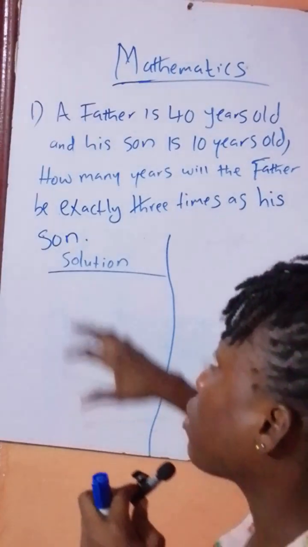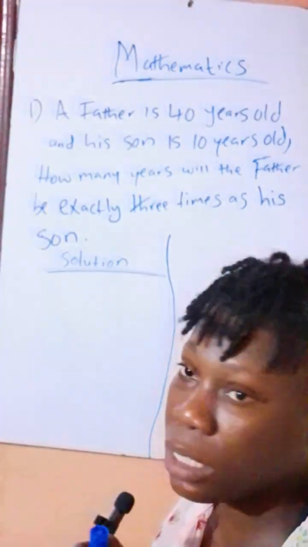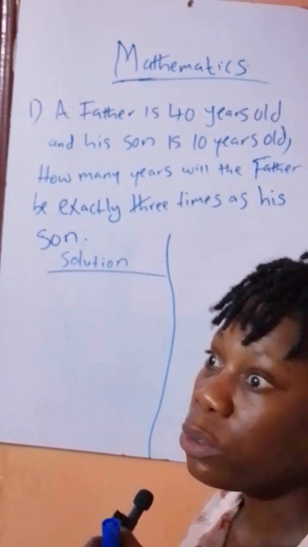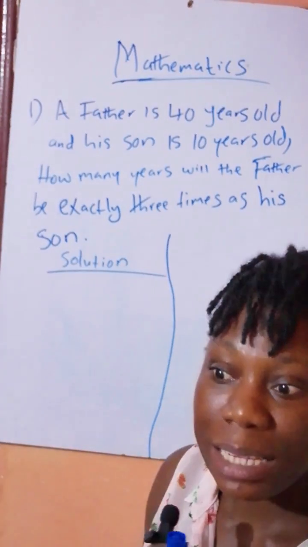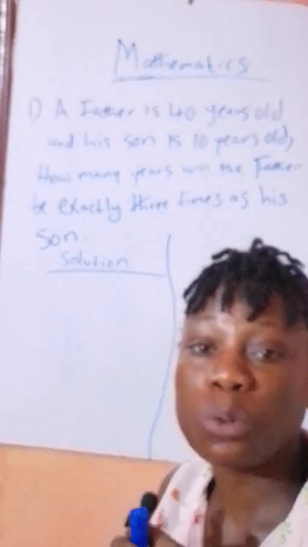First of all, they told us that the father is 40 years old and we don't know the years. Then we are going to use S to represent the years that we do not know.